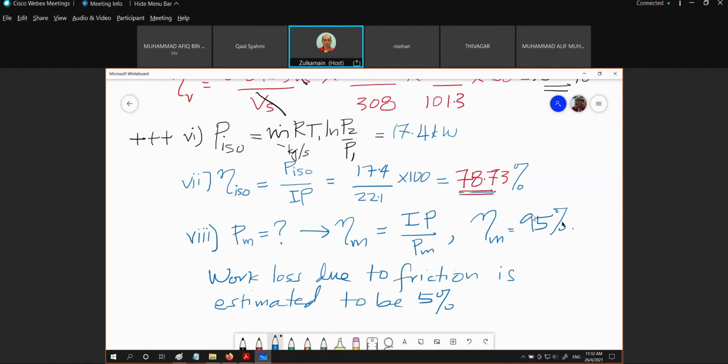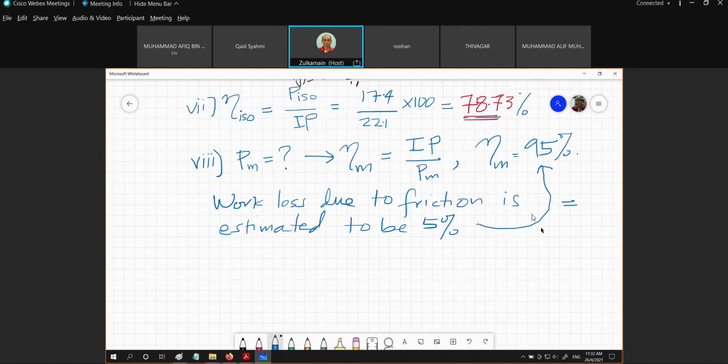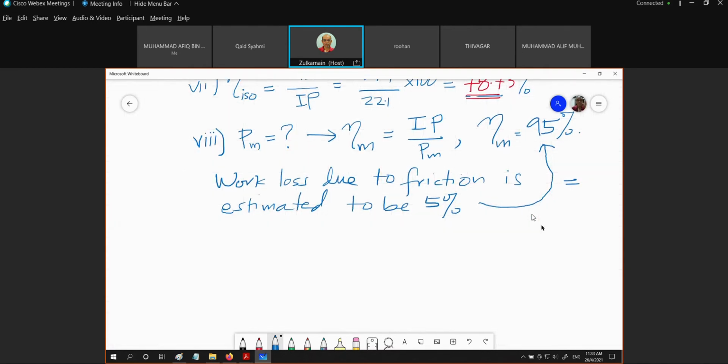So if this is the statement made about the work loss, then we have the same mechanical efficiency at 95%. So from here you can get your P motor, which must be larger than the IP.